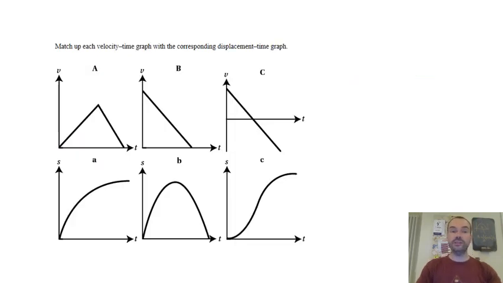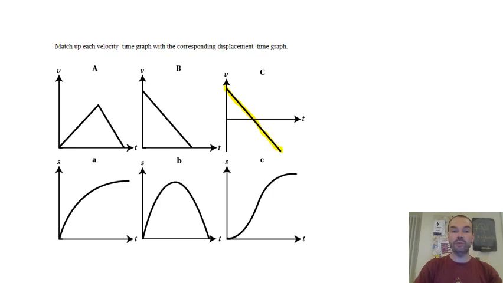Match up each velocity time graph with the corresponding displacement time graph. So what clues are there? I'm going to start with this one. We've got something with a velocity that's going down, but then a speed that's increasing.